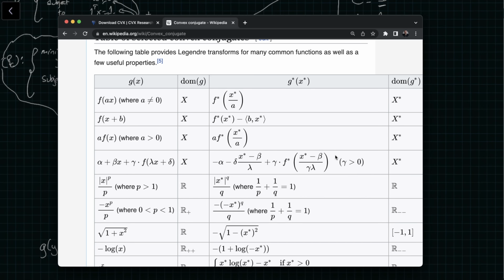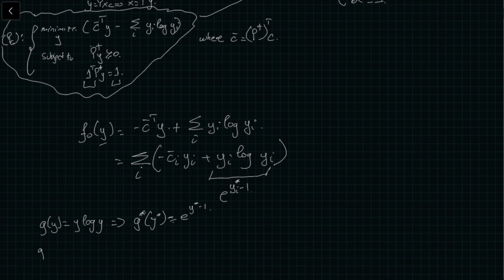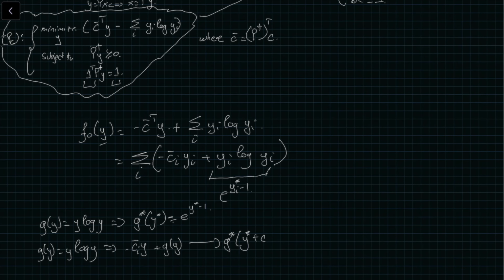So applying this here, if I have my g(y) is y log y, then minus ci bar yi plus g(yi) would give me a conjugate transform of g star(y star) plus, this is yi star in case we want to remain consistent, plus ci, which is exponential of y star plus ci minus 1.